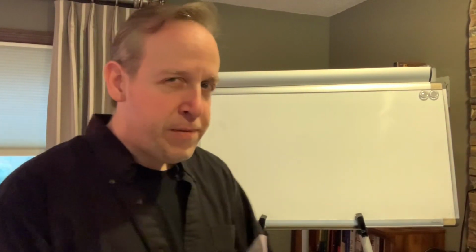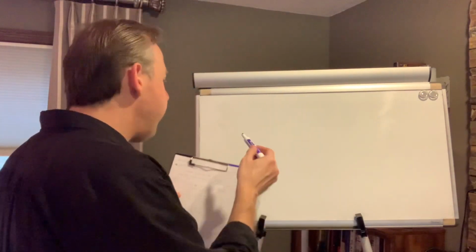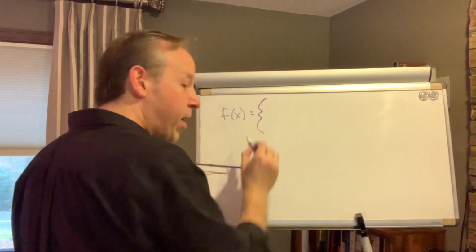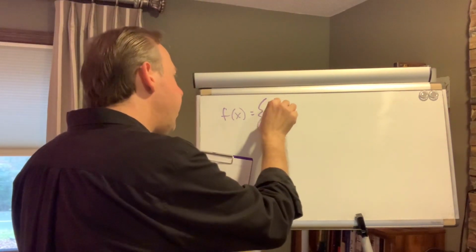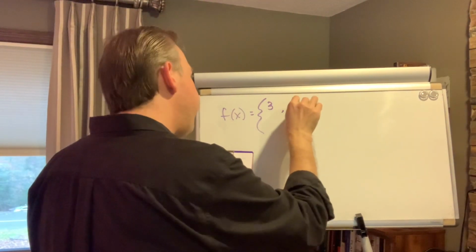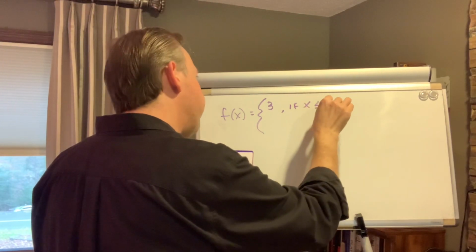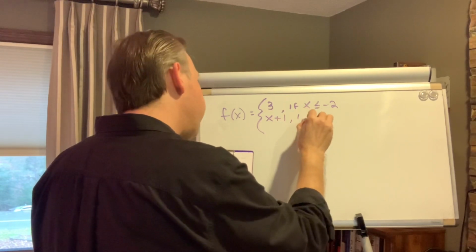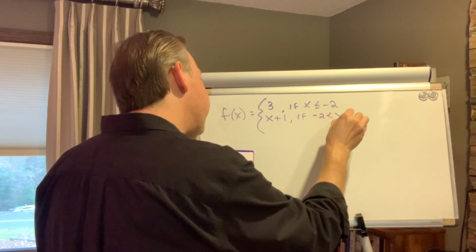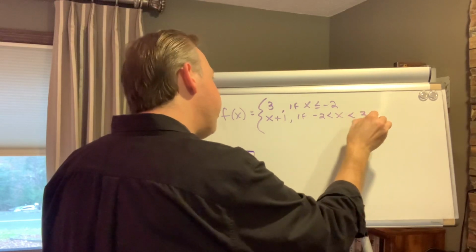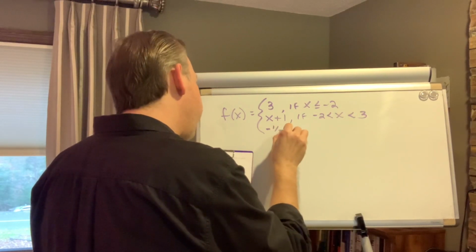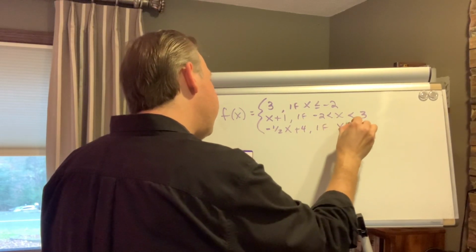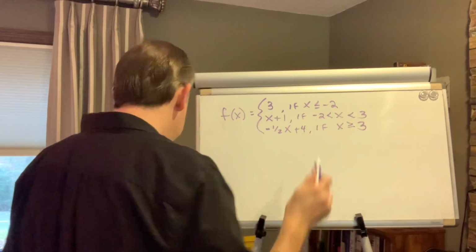I'm going to give you a piecewise function on the board and you should be able to write this down. f of x equals 3 if x is less than or equal to negative 2, x plus 1 if negative 2 is less than x is less than 3, and negative 1/2 x plus 4 if x is greater than or equal to 3.